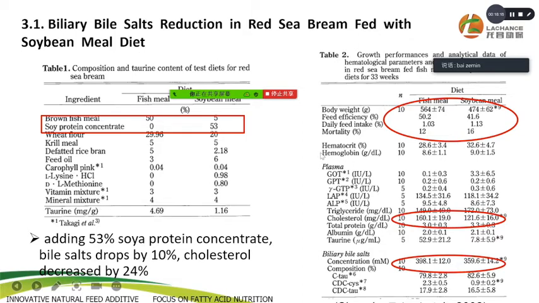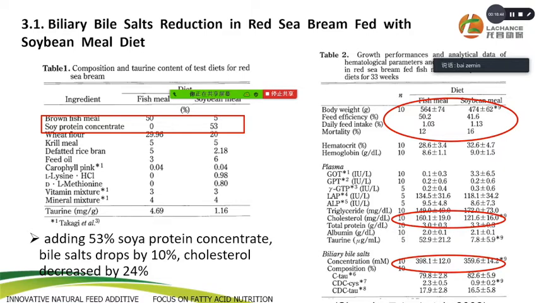That means when we replace fish meal with plant protein, maybe linseed, maybe other soybean, maybe we need to add some bile acid. Of course, we are doing trials and research in this area. We are trying to find out, but the trial is halfway.